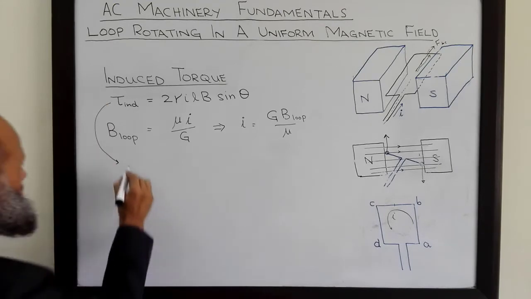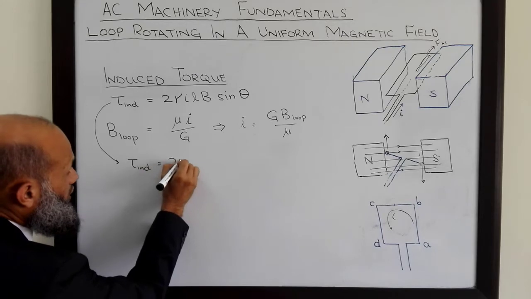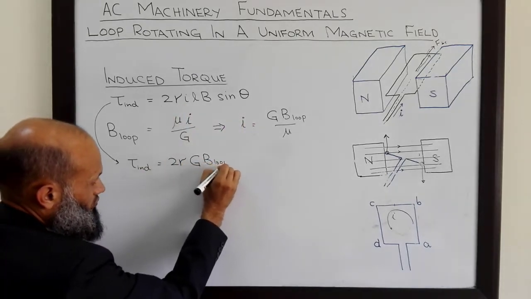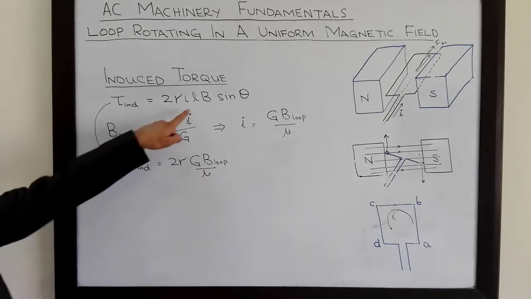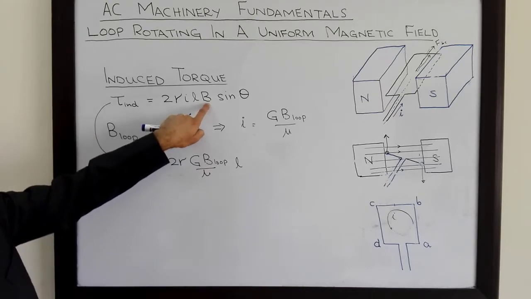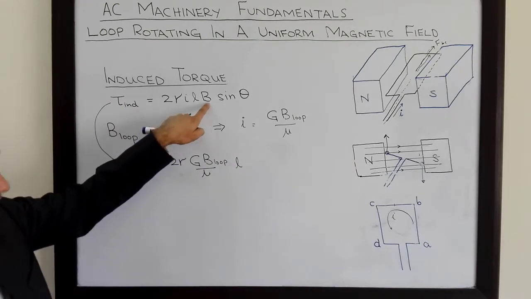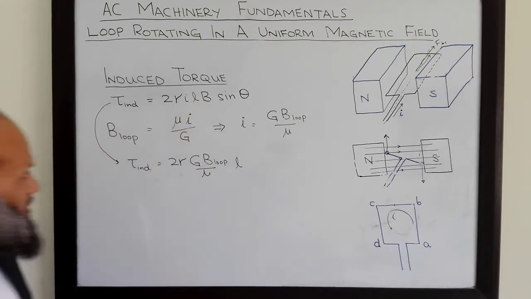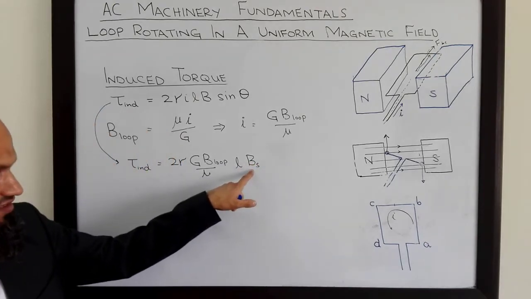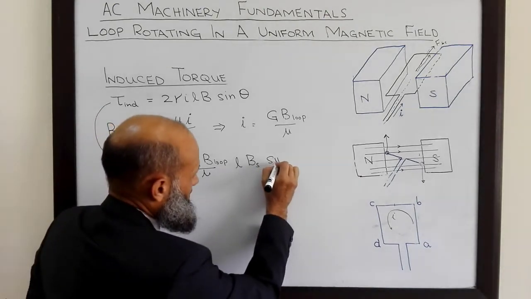So this expression becomes torque induced is equal to 2R, I is G B loop over mu, multiplied by L and B. This B flux density is due to main magnets, and to differentiate this flux density from this one, we append a subscript S over here, that is magnetic field flux density due to stator magnets, multiplied by sine theta.